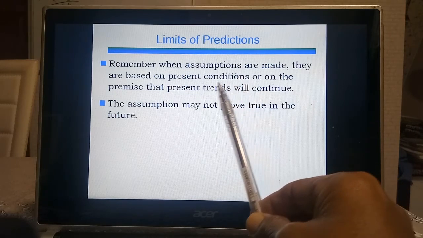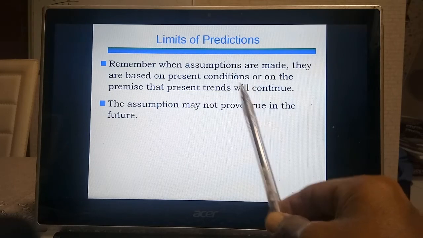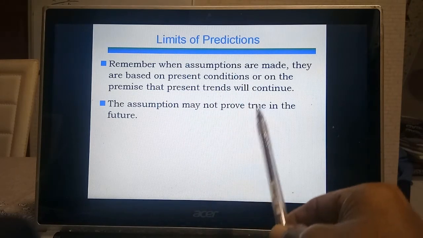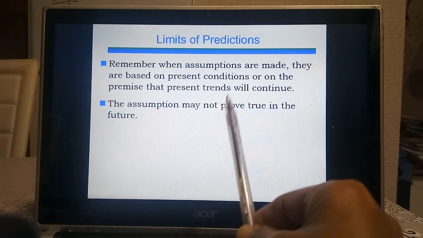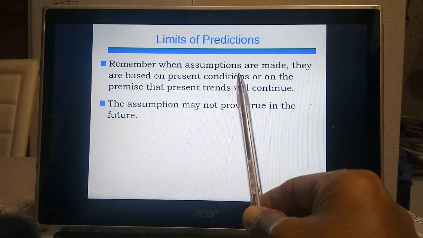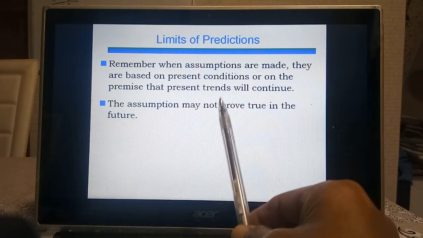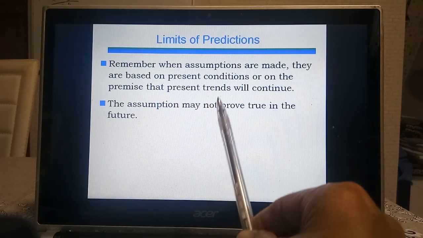Okay, kalau pada waktu lain assumption kita tu tak valid lagi. The assumption may not prove true in the future. Di luar pada masa tersebut, masa yang akan datang, ia tidak lagi valid. So that's the limit of predictions.